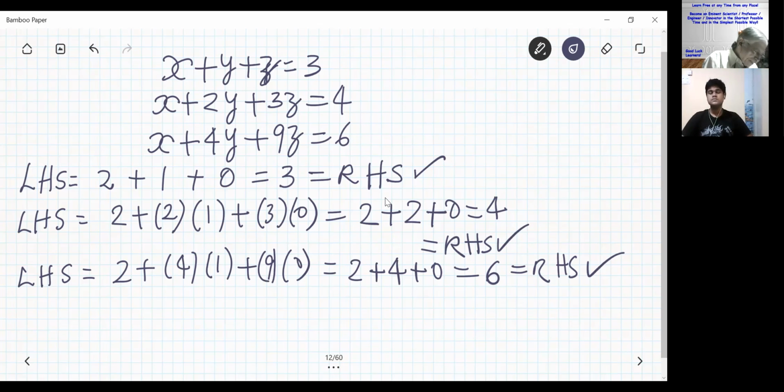Now you do this problem. I will give a problem. 2x minus y plus 3z is equal to 12.